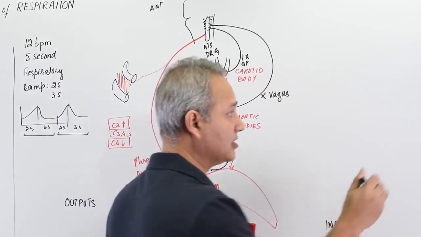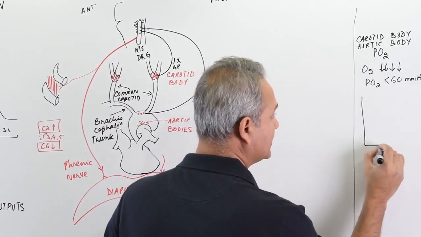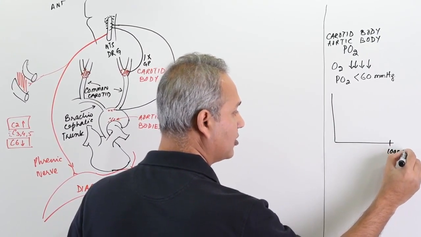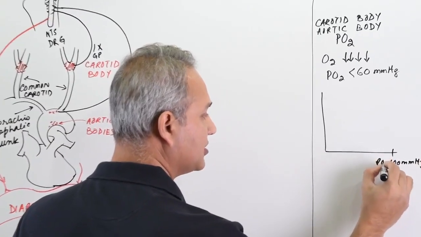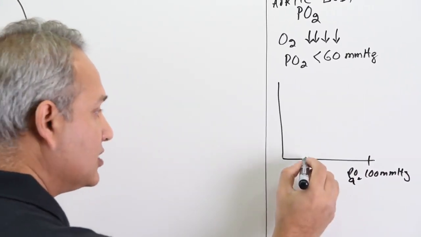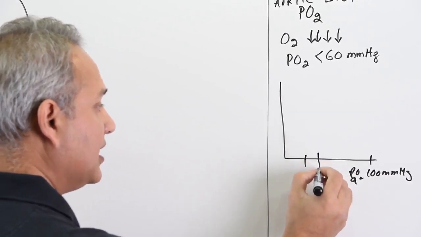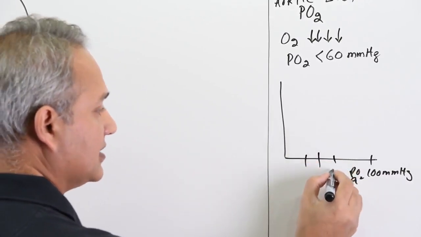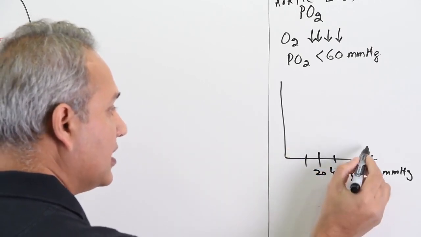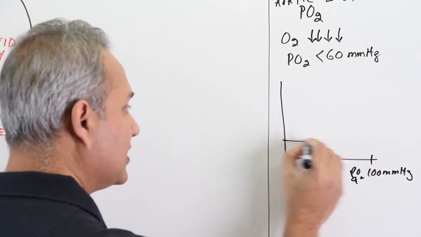If I make a little graph over here, let's say this is 100. Remember, 100 is the normal oxygen pressure in the arteries, PaO2 is 100. So when it drops, let's say this is 40 and this is 20, this is oxygen, and this is the respiratory rate.